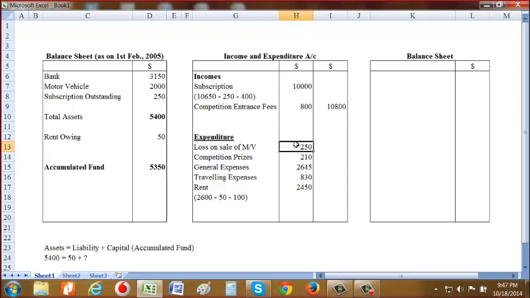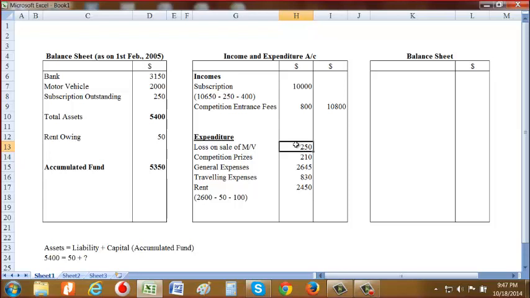The new motor vehicle we have bought on this date, 31st January, and today is also 31st January, the last date, isn't it? So we will not provide any depreciation on that. Getting my point?